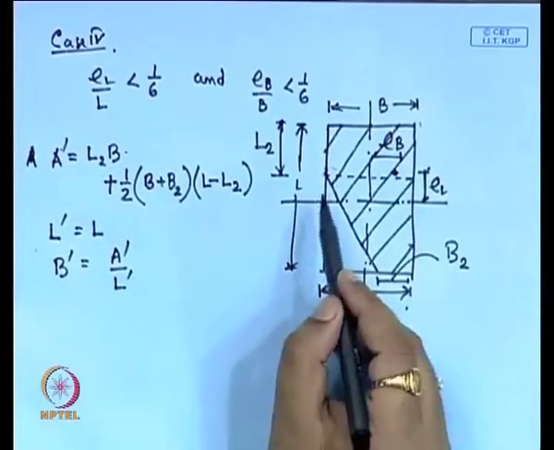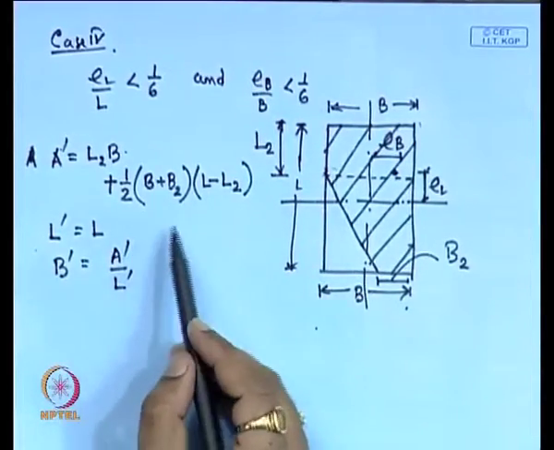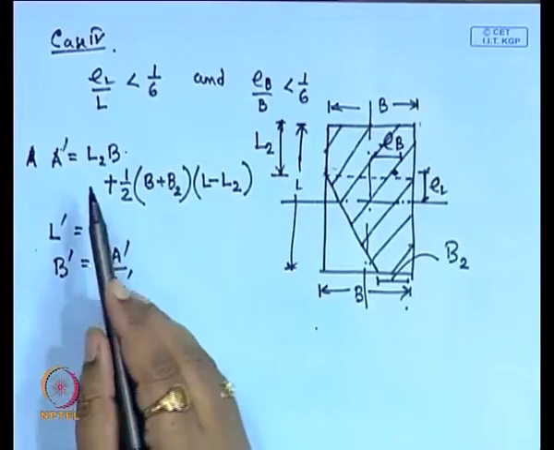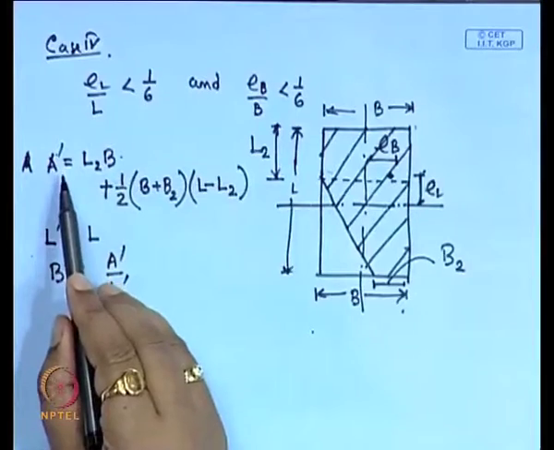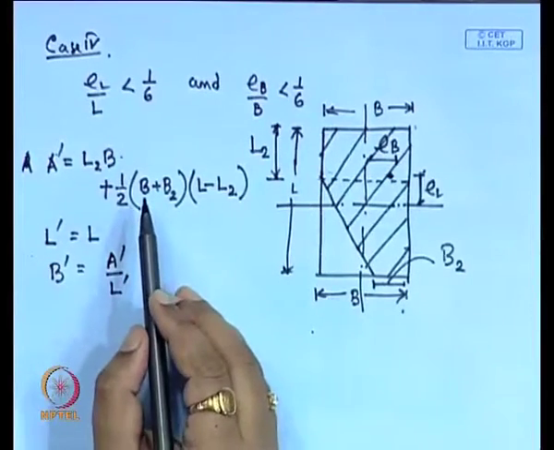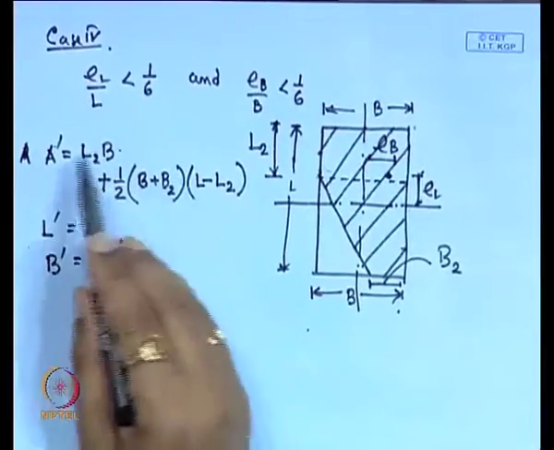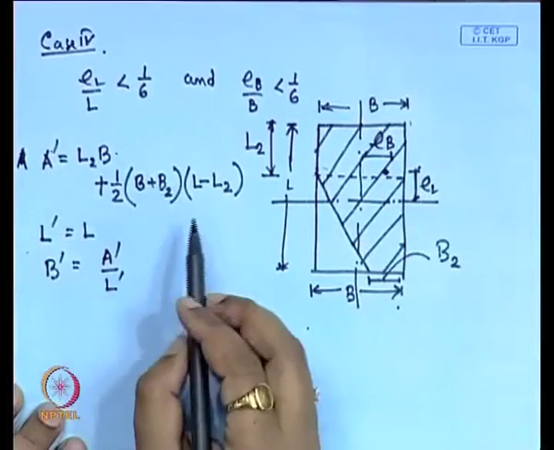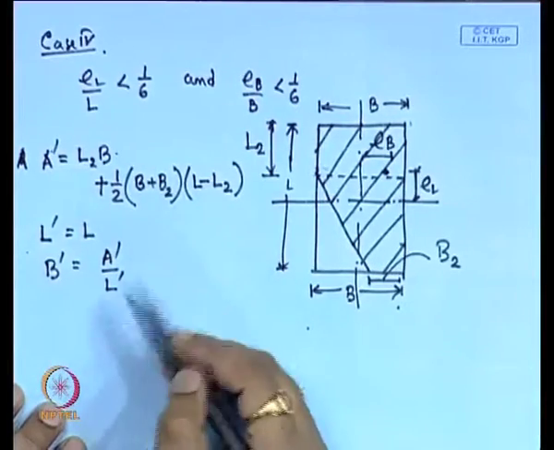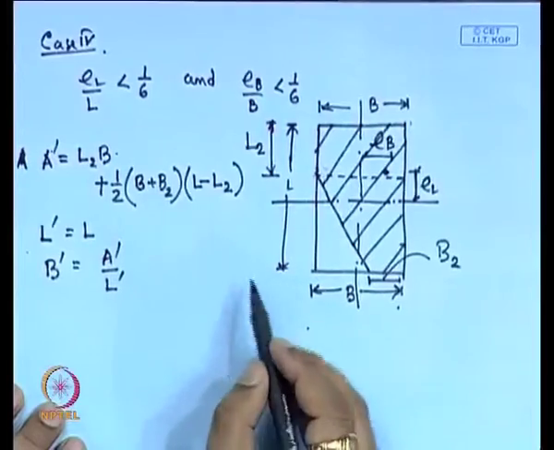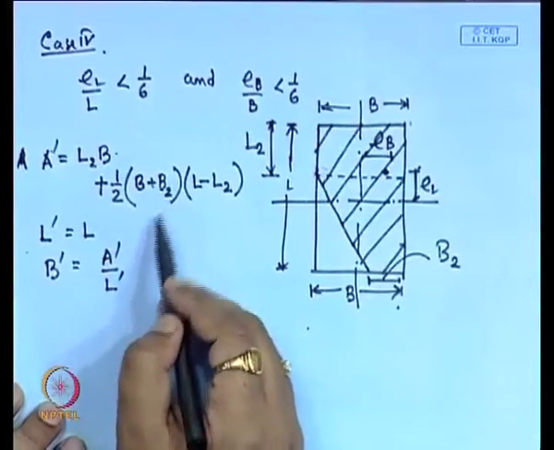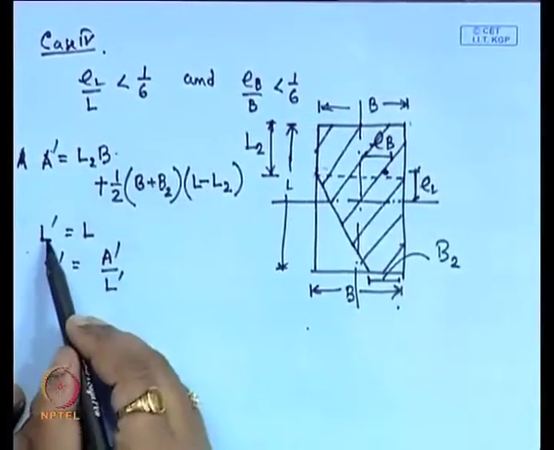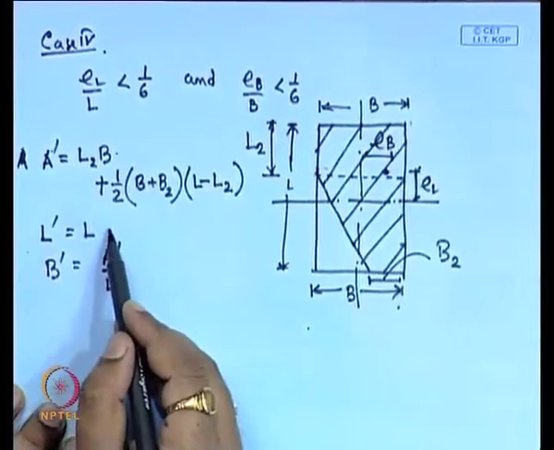So, using these 4 cases, first we will calculate this L dash, B dash, and then by using this expression we can calculate the effective area. Now, the question is that except the first case, in case 2, case 3 and case 4, all the cases involve these terms L 1, B 1, then B 2, L 2, because here L dash is equal to L, because L is known to us.